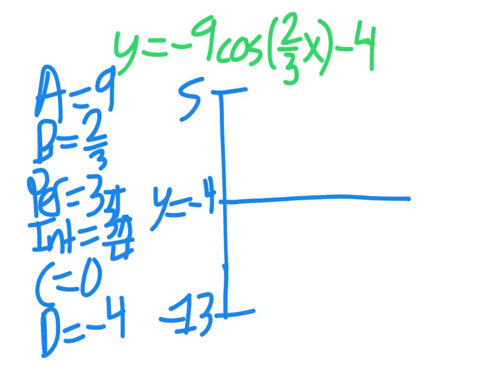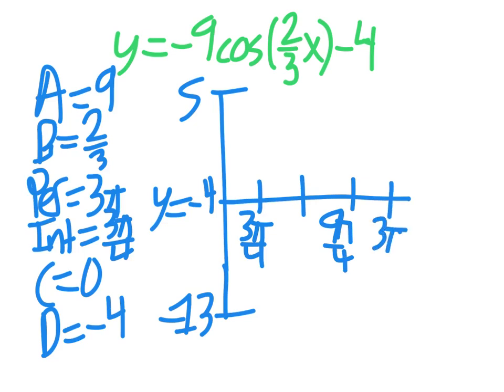Since there is no c, there is no displacement, so the graph will start at 0, and then the intervals are 3 pi over 4, so 3 pi over 4, and then 3 pi over 2, then 9 pi over 4, and then 3 pi. Now, since the graph is negative cosine, that means the cosine is flipped, so instead of starting up here with 5, it's actually going to start down here with -13.